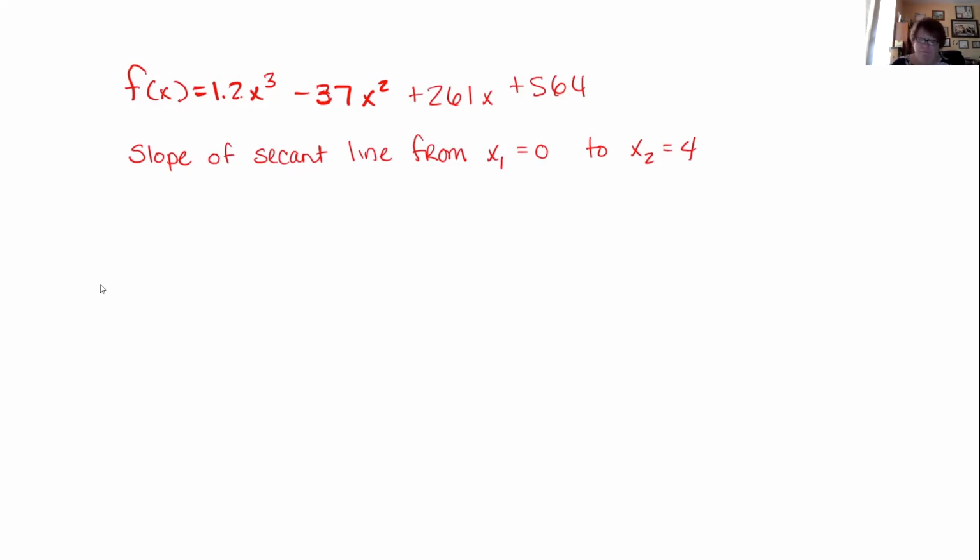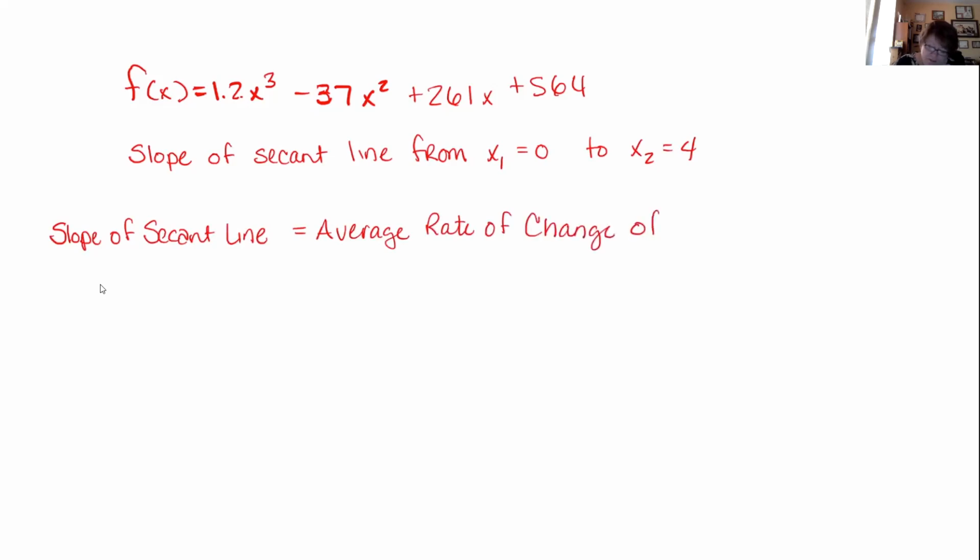So to find the average rate of change of this, or the slope of the secant line, that is the average rate of change of this function.